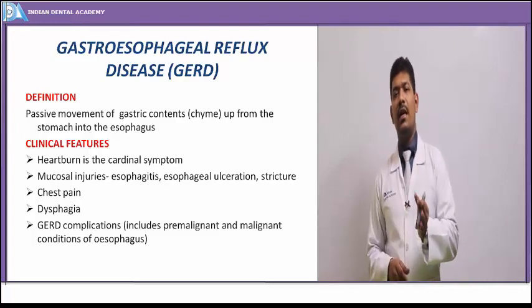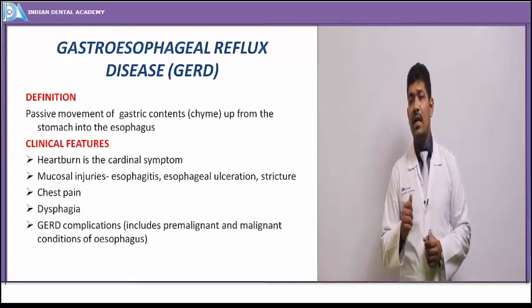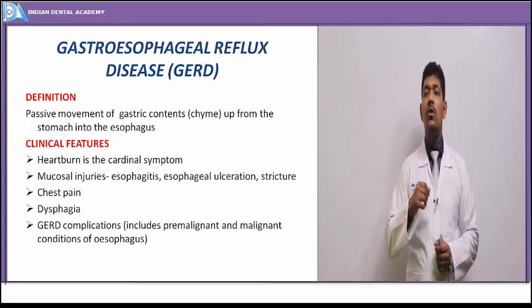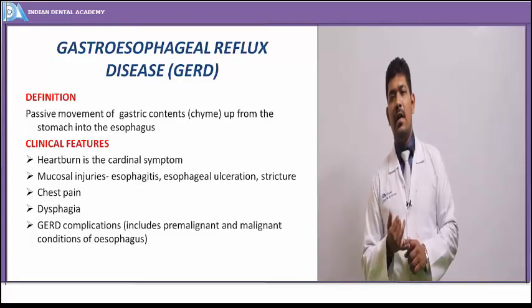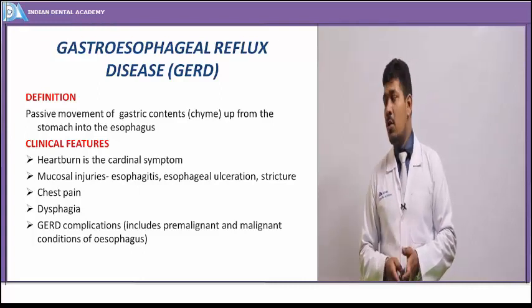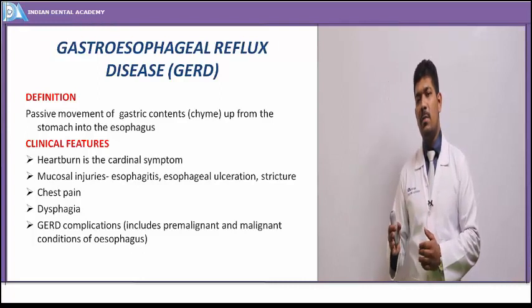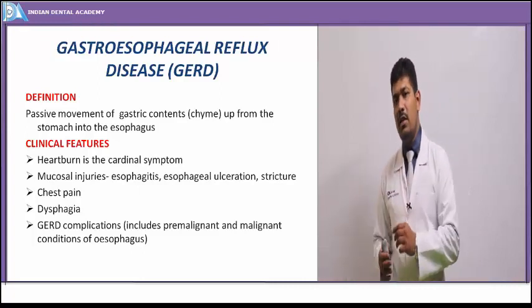That is to say that the content of acid mixed with this food is on the higher side. Now, we all know the corrosive effects of the acid and its disastrous effect on the mineralized structure in the oral cavity. So if you see the clinical features, all the clinical features have something to do with the acid content within the food.